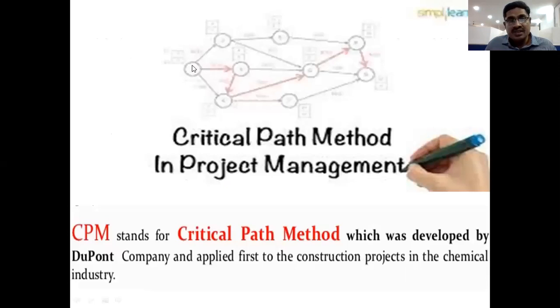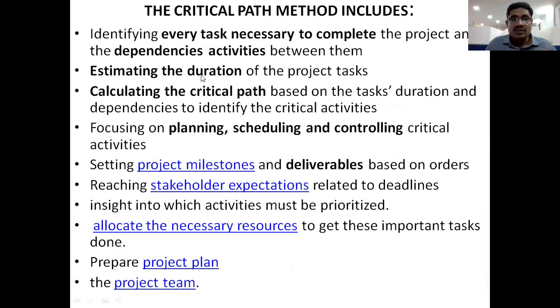Between all these different paths, suppose we take this example from this point to here and here and here, and finally this is the ending point. So this is the critical path line. Find out the critical path, the critical way to completion of our project. The fourth is proper planning, scheduling, and controlling of our tasks.